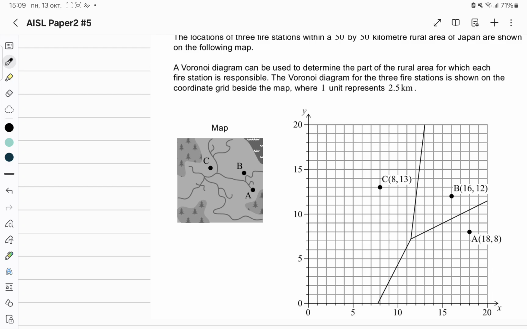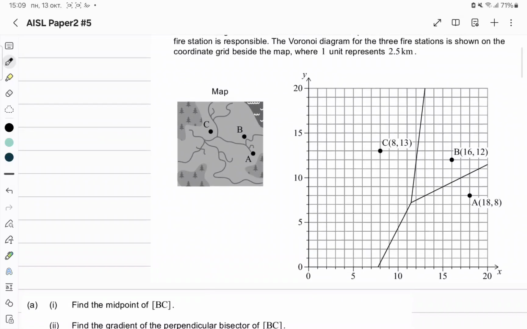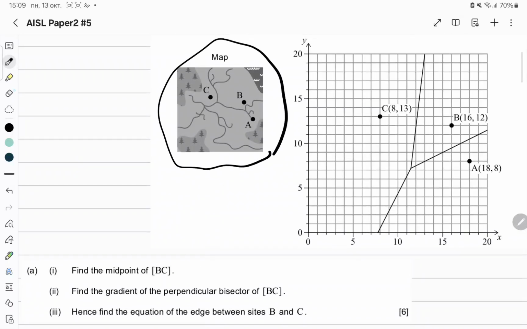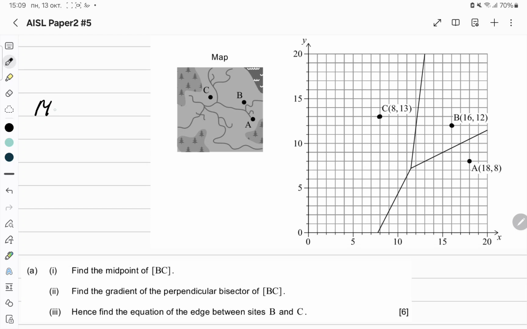Okay, let's have a look at the map. So this is a map, and here on the right side we see the Voronoi diagram. Let's turn to the questions. Find the midpoint of BC. We have B and C here with their coordinates, and according to the formula, the midpoint is equal to the average of their corresponding coordinates.